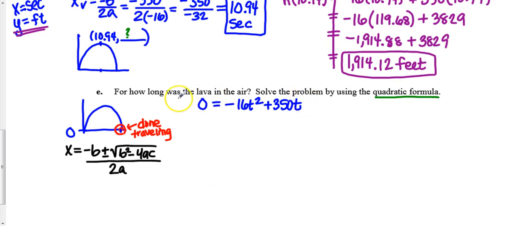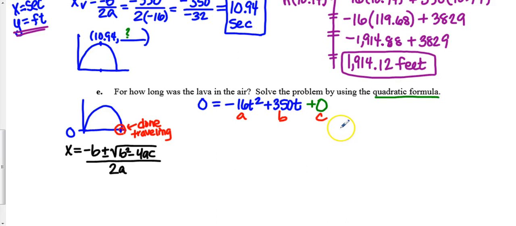In this case, it was already, which is awesome. So I've got a, I've got b. What's c? Well, if I remember from before, that initial height was 0. We just chose not to write the 0. But if it helps you, put that back, or write in a plus 0, because that's what we'll be using for c.